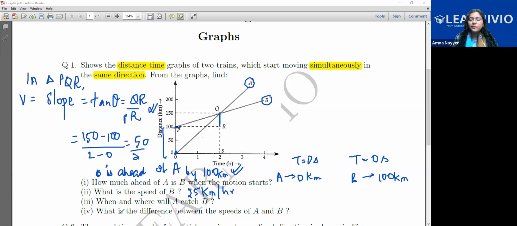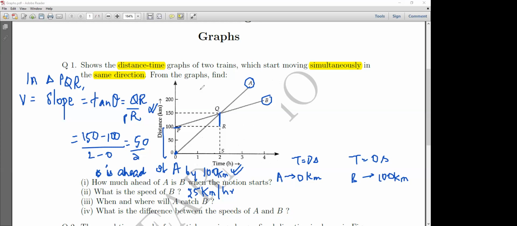In the second one only, can't we take, because we can already locate the time and the distance of B, because B is ending at 4 seconds and it's ending at 200 kilometers. Can we do 200 by 4? A is ending at 3.